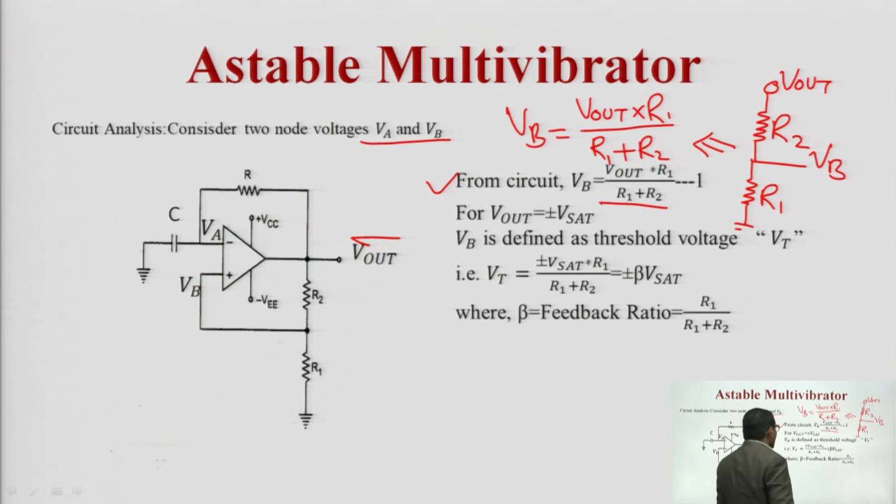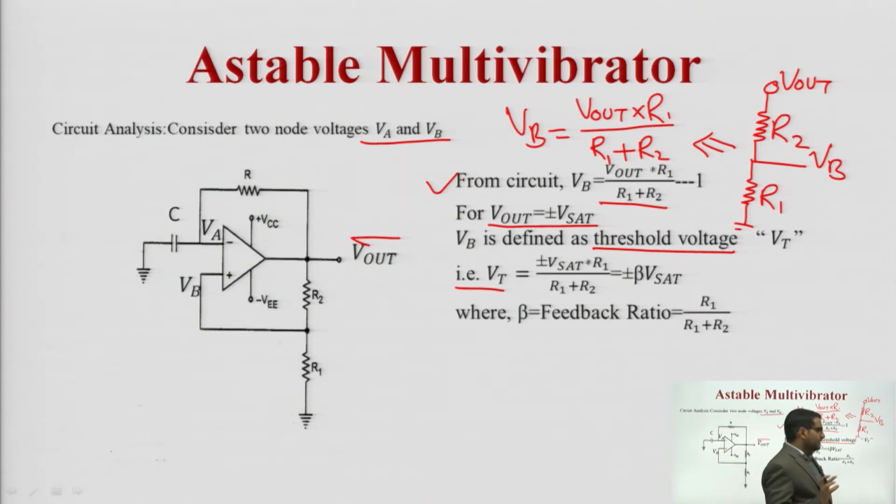This is equation 1. For V out, the op-amp is connected in positive feedback, and for positive feedback the op-amp always operates in the saturation region. It has two output values, either plus V_sat or minus V_sat. So for V out it may be plus V_sat or minus V_sat. V_B is defined as the threshold voltage V_T. Then V_T equals plus or minus V_sat times R1 divided by R1 plus R2.